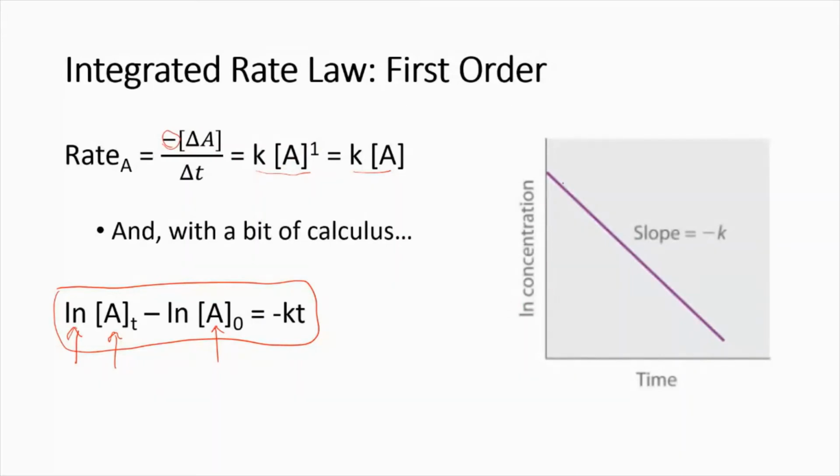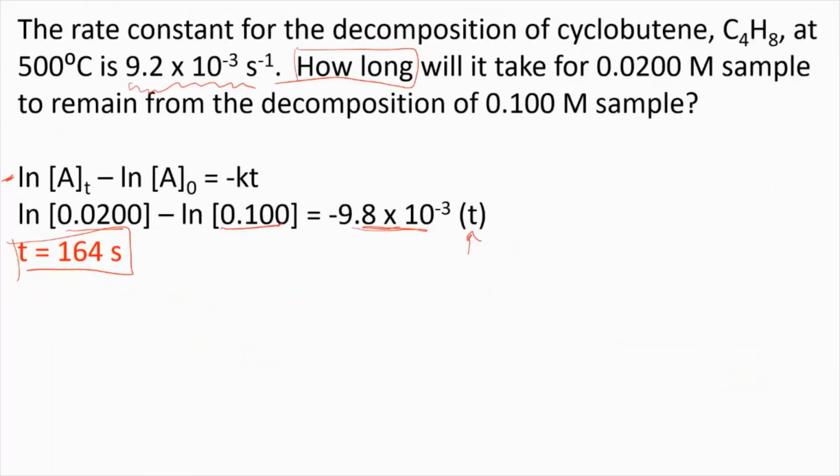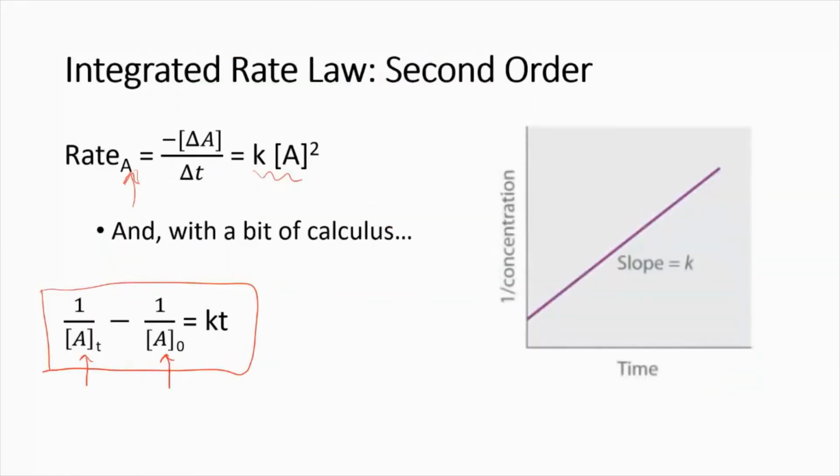So our line is linear. Let's use the appropriate terms here. My linear line here is the natural log of the concentration versus time. And for our second order, we had 1 over concentration. So you'll notice our linear line is the 1 over concentration as compared to time.